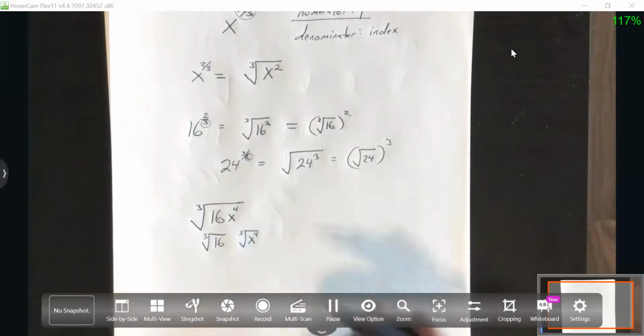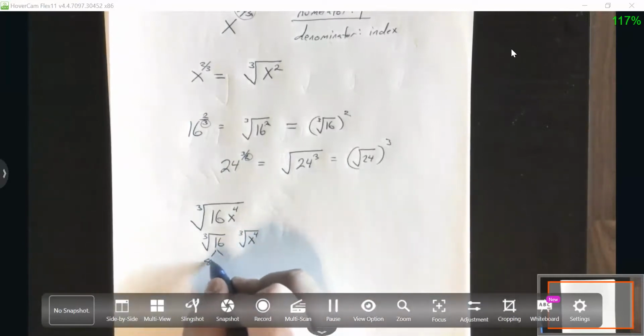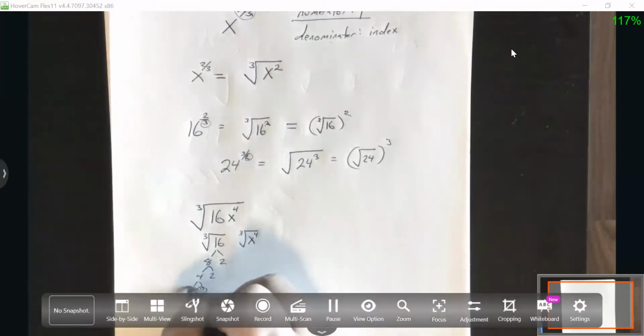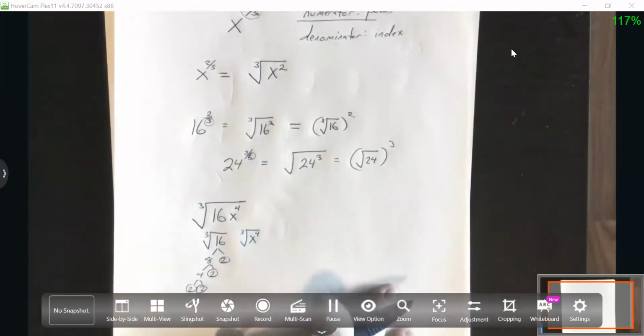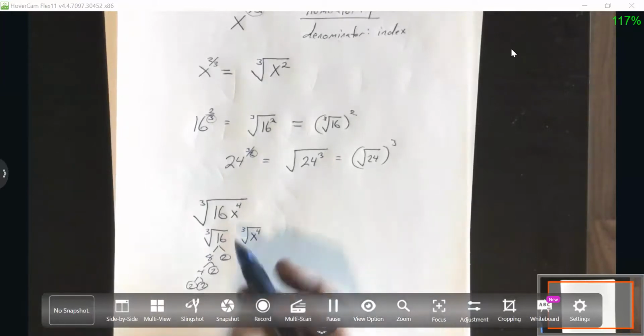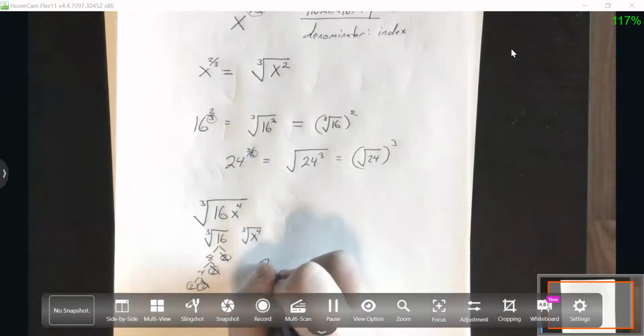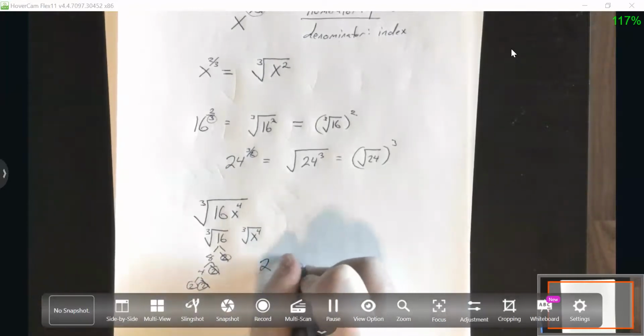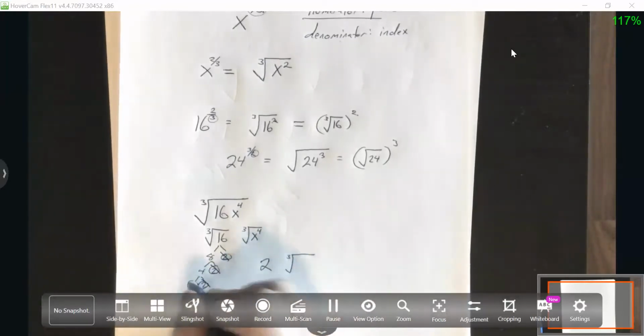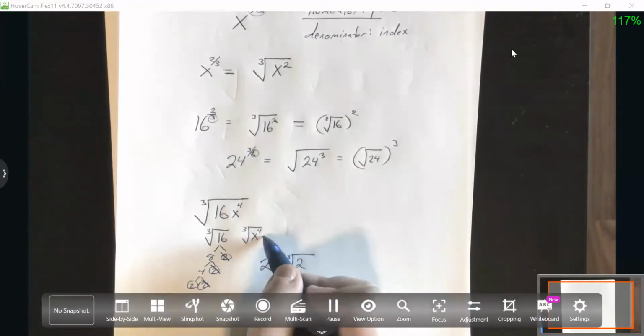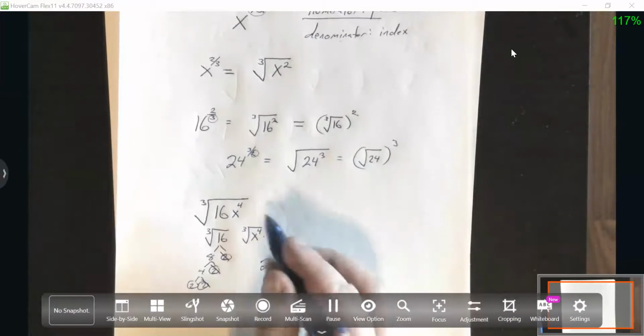All right, so I want to approach the cubed root of 16. I'm going to do my prime factorization. So there's my prime factorization. And again, it's a cubed root, so we need 3 of them before something can come out. So there's my 2 coming out, and there's 1, 2 left behind. Now I can deal with the x's as well, using basically the same exact idea.